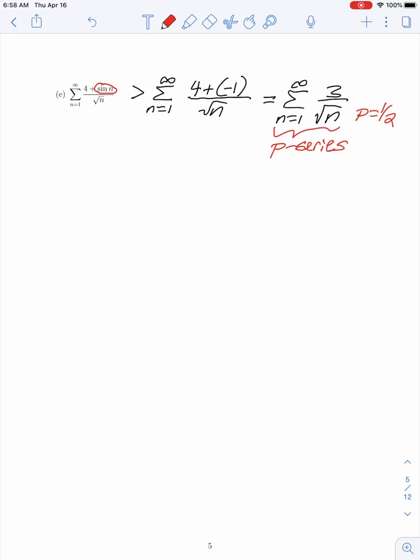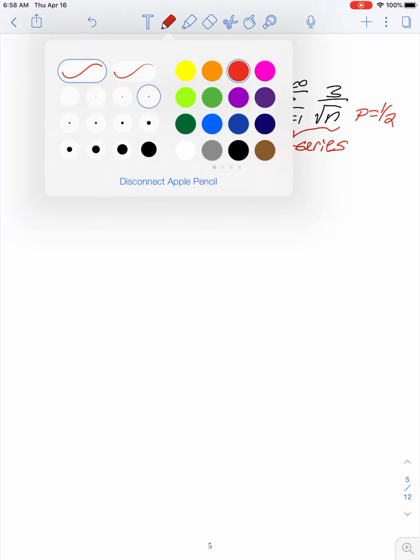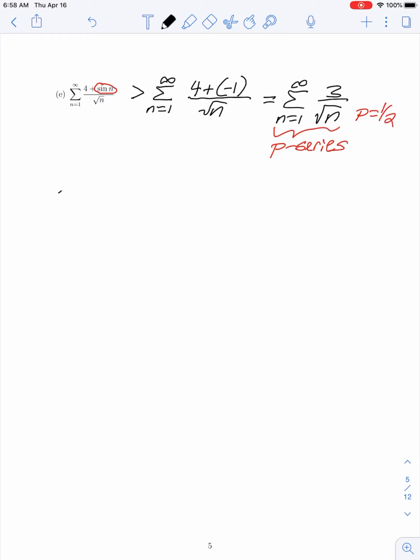So since that power is less than 1, this p-series diverges, which means that our given series, which was even larger, must also diverge. So let's write that out.